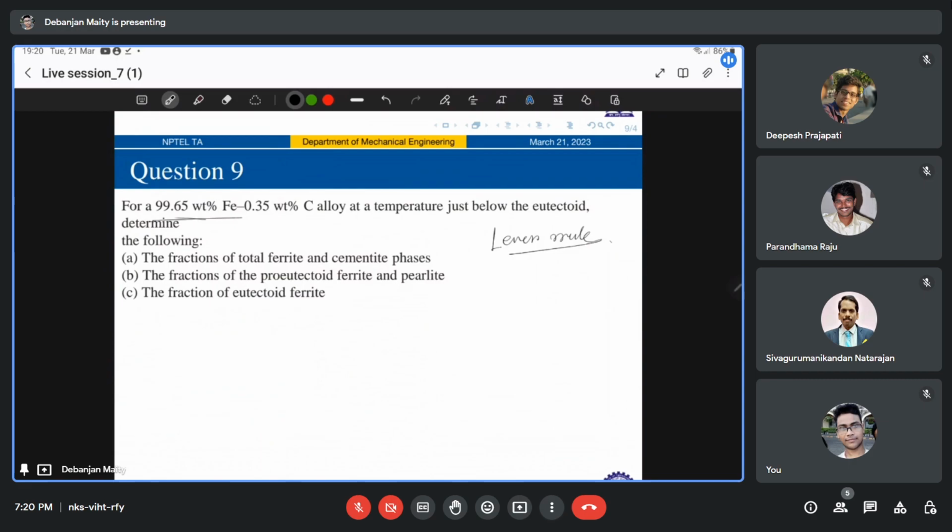It says that for a 99.65 weight percent Fe and 0.35 weight percent carbon alloy at a temperature just below the eutectoid, we need to determine the following. We need to determine the fraction of total ferrite and cementite phase. We need to find out the fraction of pro-eutectoid ferrite and pearlite, and then finally the fraction of eutectoid ferrite.